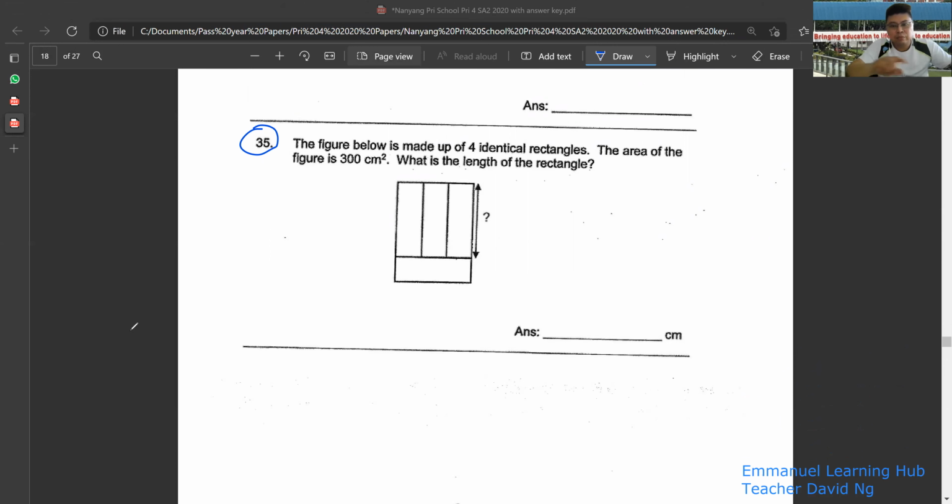35. The figure below is made up of 4 identical rectangles. The area of the figure is 300 cm square. What is the length of the rectangle?